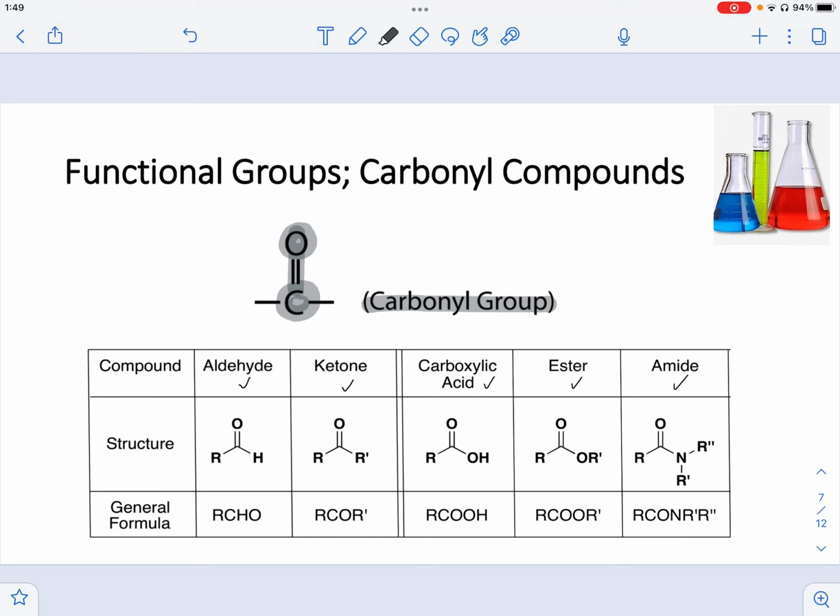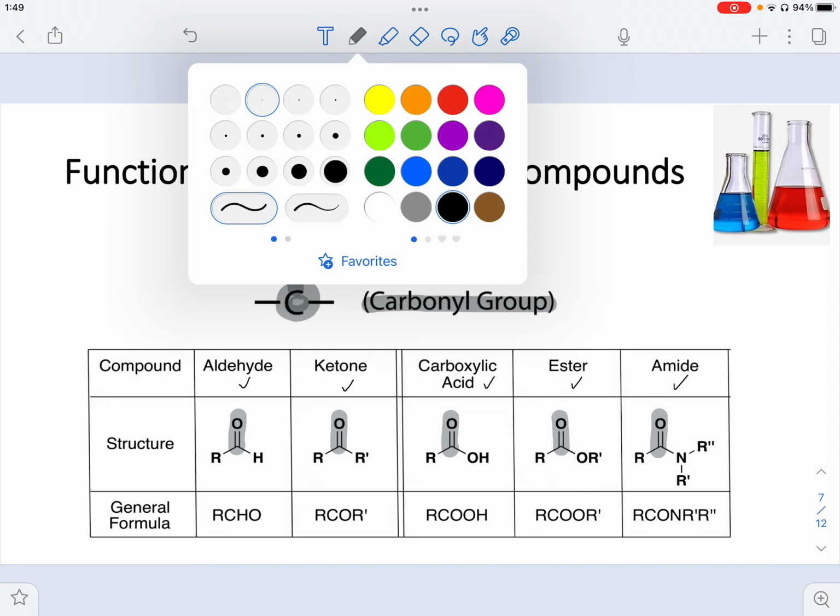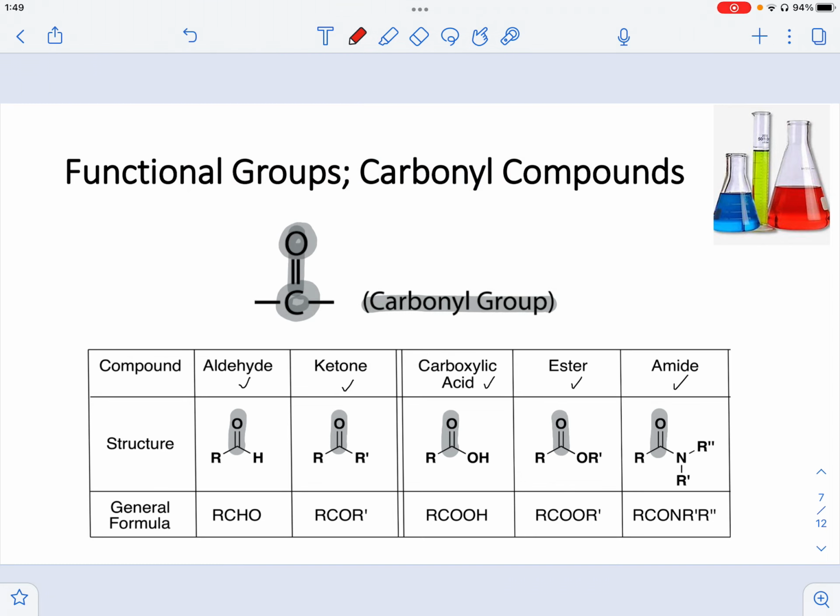And as you can see in their structures, in each of these skeletal structures, we can see specifically that carbonyl group. Now, what makes an aldehyde be called an aldehyde is that that carbonyl group must be bonded to a hydrogen on one side.